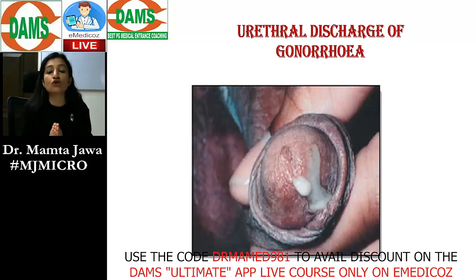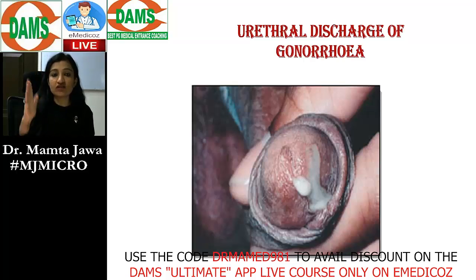Now the most common cause of non-gonococcal urethritis or NGU is Chlamydia trachomatis serotypes D to K. And remember, the urethral discharge in chlamydial urethritis is mucopurulent. Remember, the urethritis caused by Chlamydia trachomatis is less severe and is less commonly followed by complications as compared to urethritis caused by gonococcus.